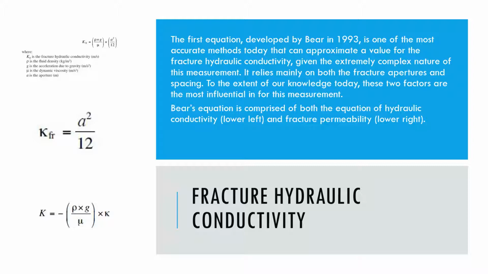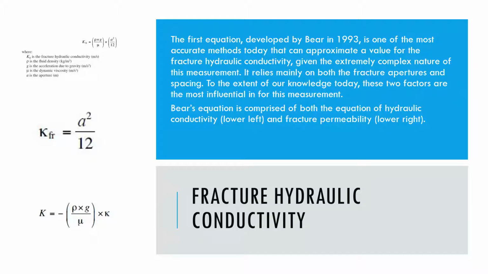K of Fr, where Fr is just a symbol for the fracture, equals rho times g over mu times A squared over 12. And A here is the aperture, in meters. Baer's equation is comprised of both the equation of hydraulic conductivity and the fracture permeability. The hydraulic conductivity alone is the one on the bottom.